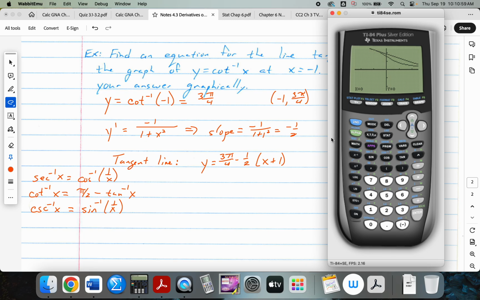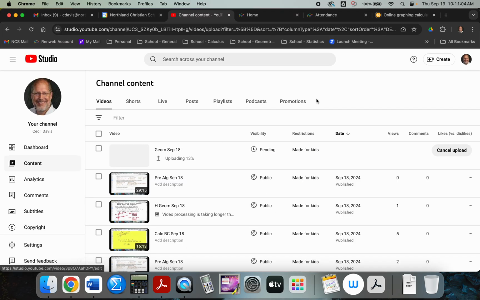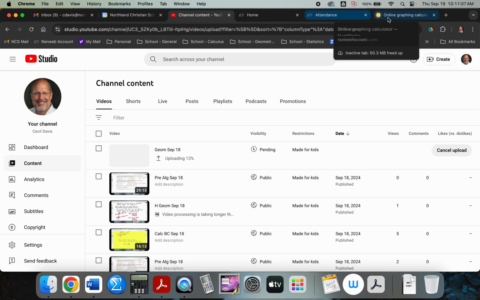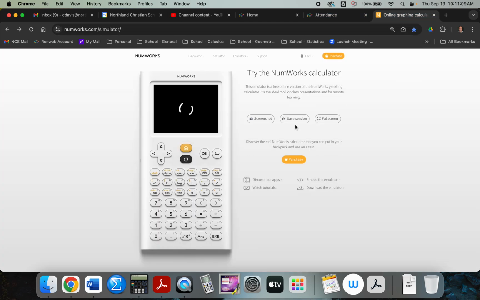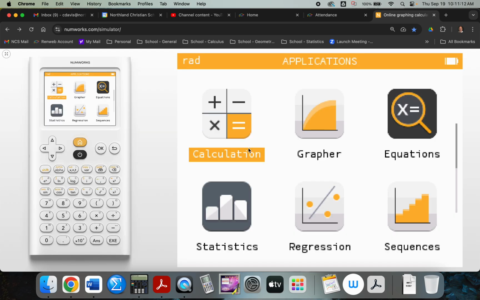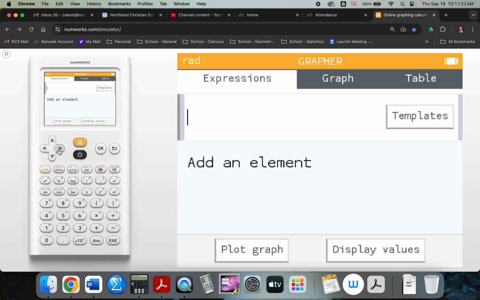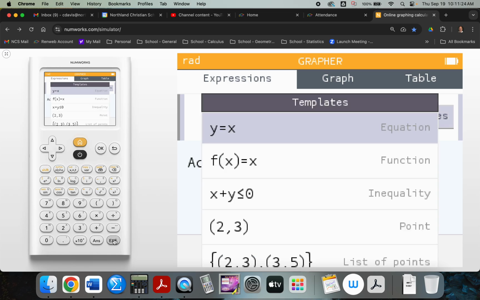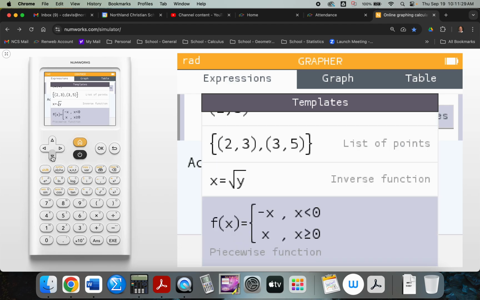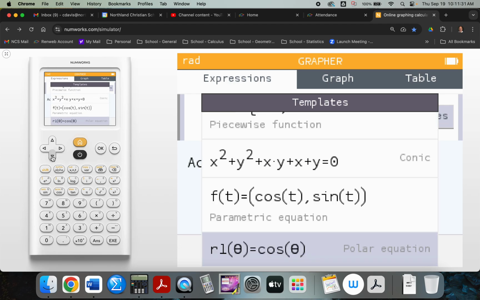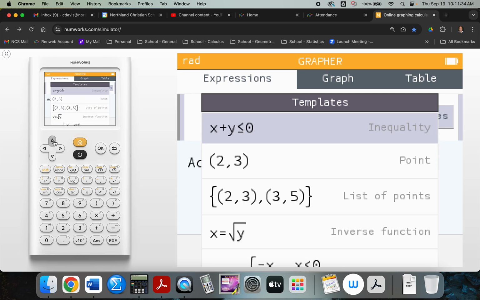I'm curious. I haven't actually looked. I don't know if the NumWorks calculator has this on it or not. Doesn't list it.